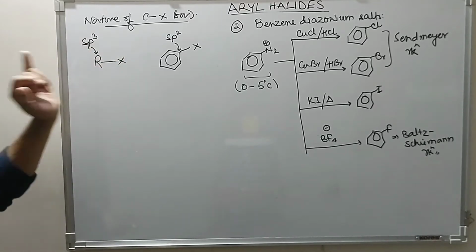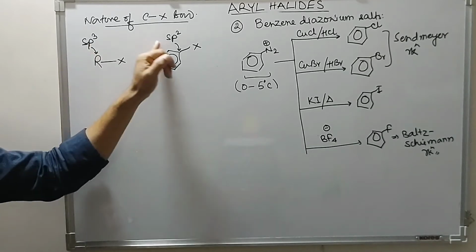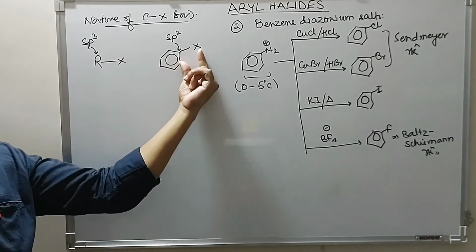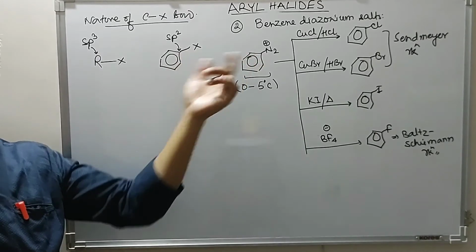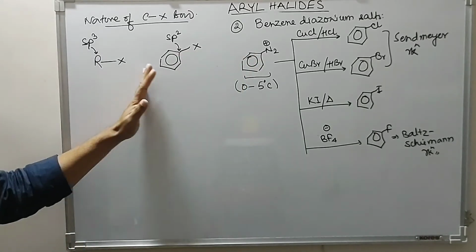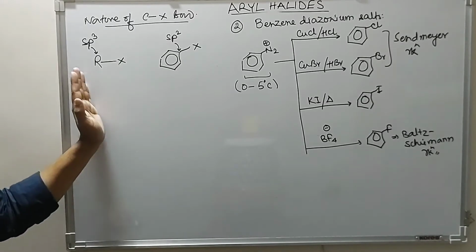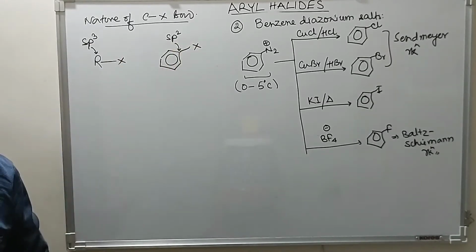When carbon changes from sp3 to sp2, electronegativity of carbon increases, so the electronegativity difference decreases. So this is the reason why the dipole moment of alkyl halide is always greater than that of aryl halides.